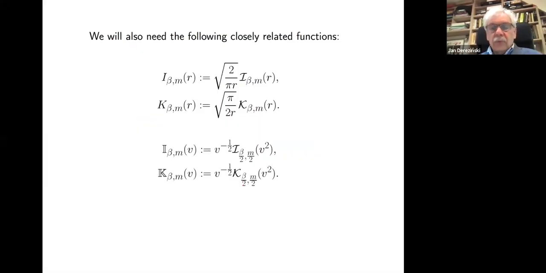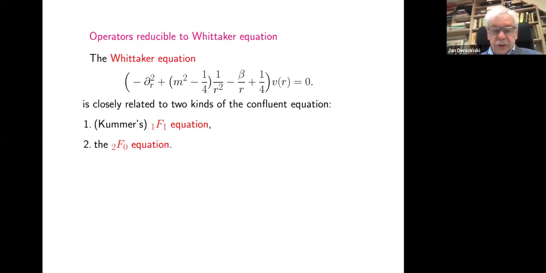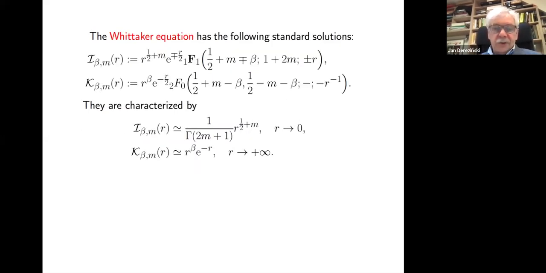Now, we will need two pairs of, okay. Now the Whittaker equation was here. It has two standard solutions which can be expressed in these two kinds of confluent functions. My notation for these functions should resemble the notation for the Bessel function.